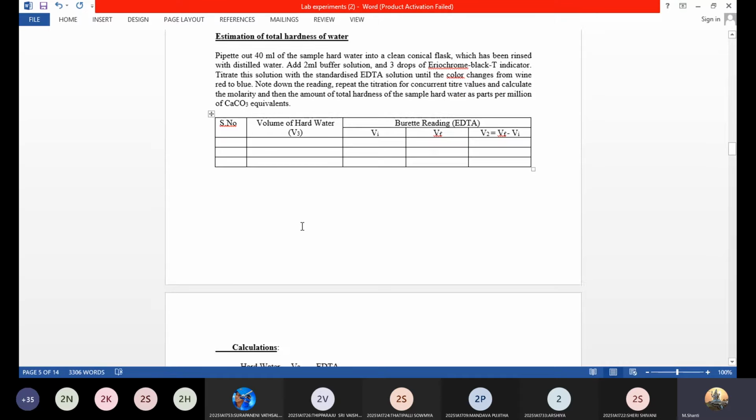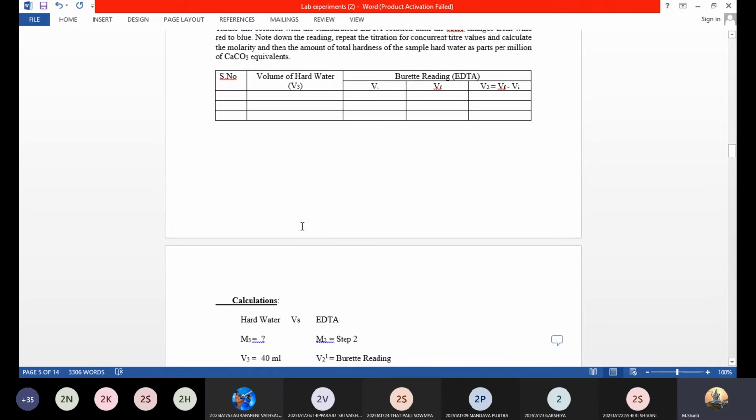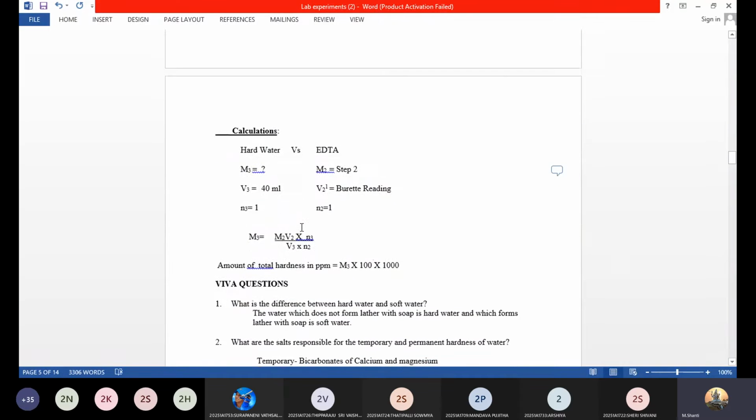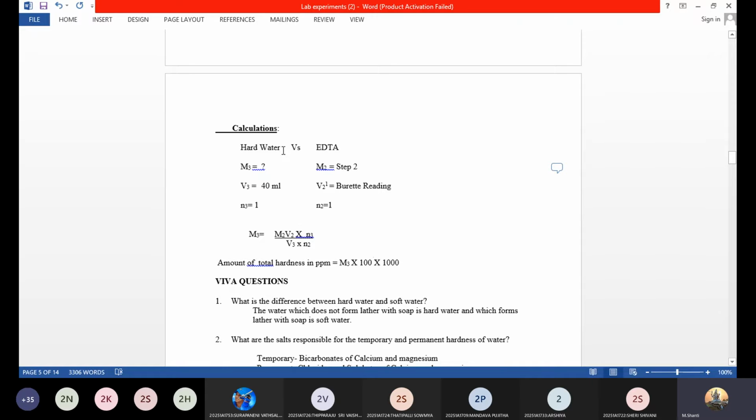Now coming to the calculation part. Here you have the hard water sample versus EDTA. For hard water, we have M3, V3 and N3. And for EDTA, we consider M2, V2 prime and N2. Now, the step 2 value will be actually given to you. I'll let you know how much the step 2 value is.